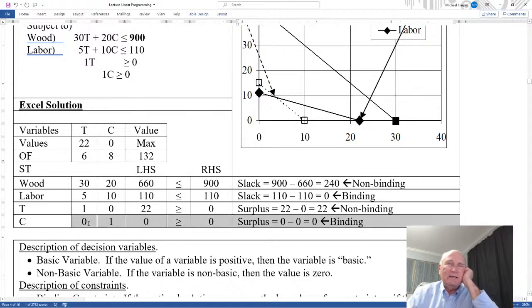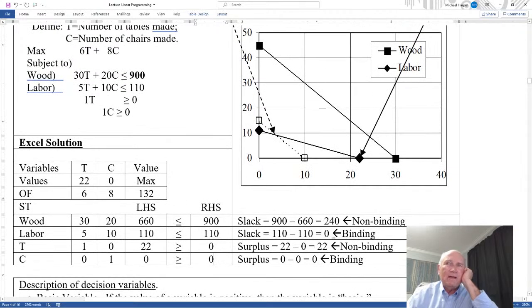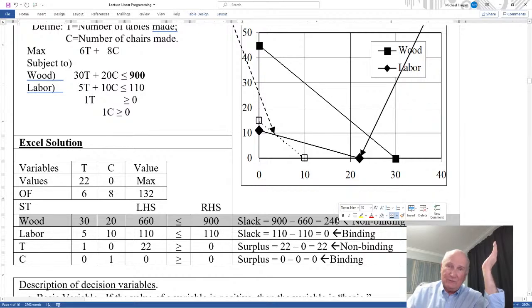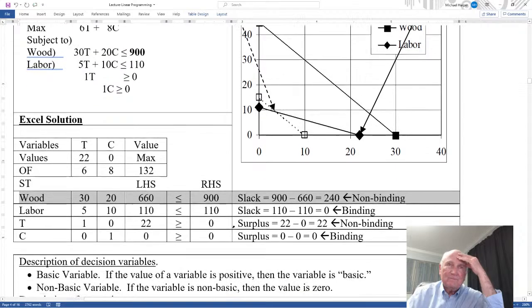What does binding mean for the labor? That means all the labor is being used. What does non-binding mean for wood? All the wood is not being used. So the binding and non-binding mathematically has very practical interpretations and uses.